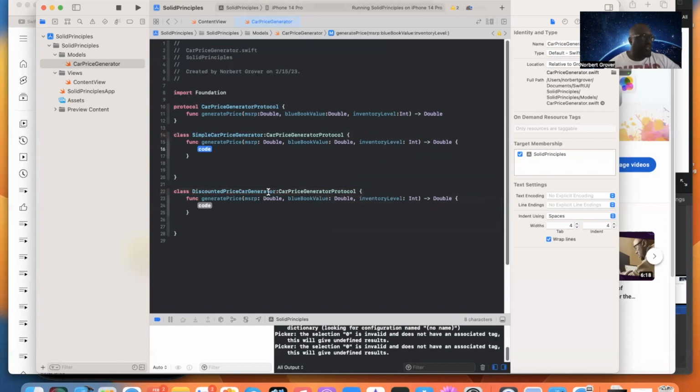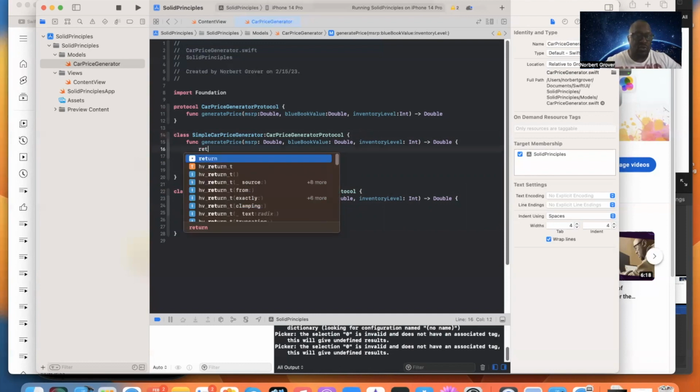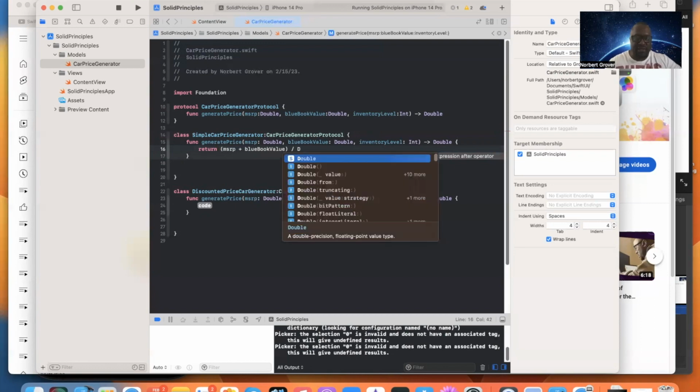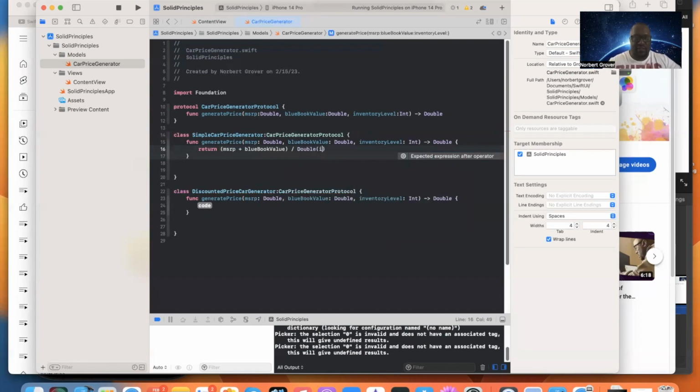They have their own different, very nonsensical calculations. For the first, I'm going to say MSRP plus blue book value, divided by, and I'm going to cast it as a Double, the inventory level.